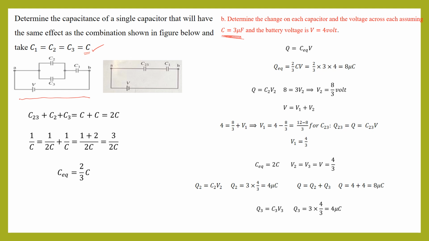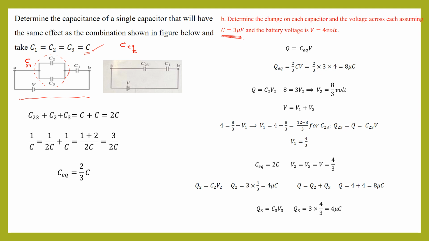What's our job right now? First, we have to calculate C equivalent. Between these two, everybody, we first look at this branch. It is called C23, just by abbreviation.